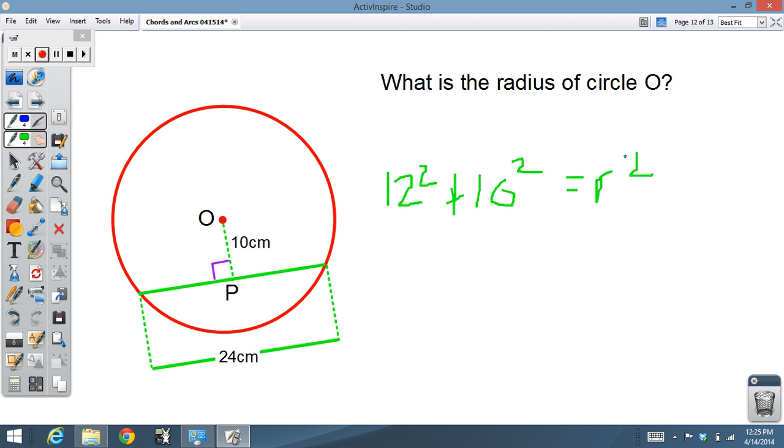So we solve our math there, and we find out 12 squared is 144, plus 100, or 10 squared, is 244. We take the square root of that, and we find out that r must be about 15.6. Make sense? Nice little triangle we formed by knowing that a diameter that's perpendicular cuts this thing in half.